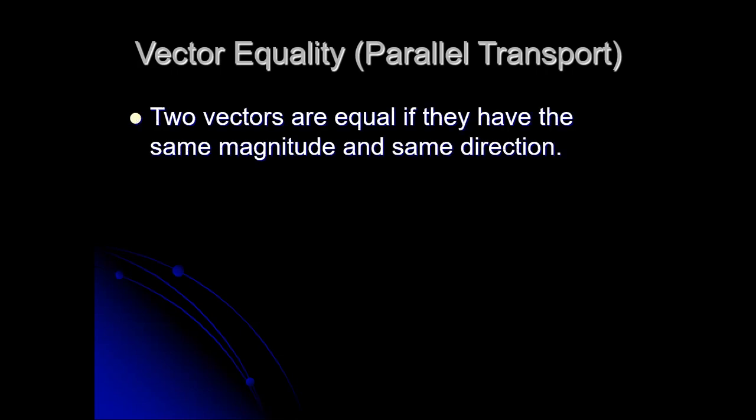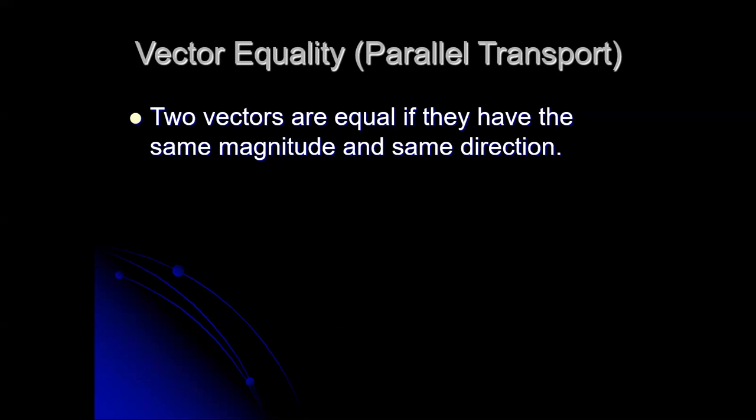So essentially, when they say parallel transport, parallel means same direction. Transport means to pick it up and move it around. So two vectors are equal as long as they have the same magnitude in the same direction. And it doesn't matter how I move them. I can move them around anywhere I want in the page as long as they maintain the same direction and the same size.